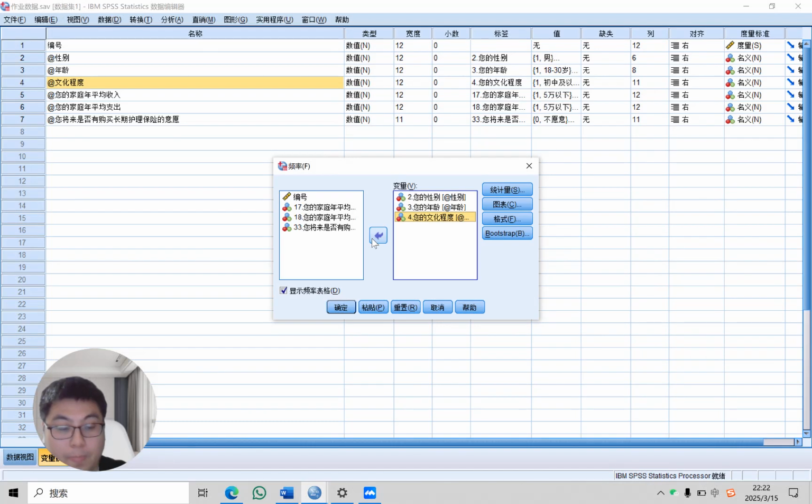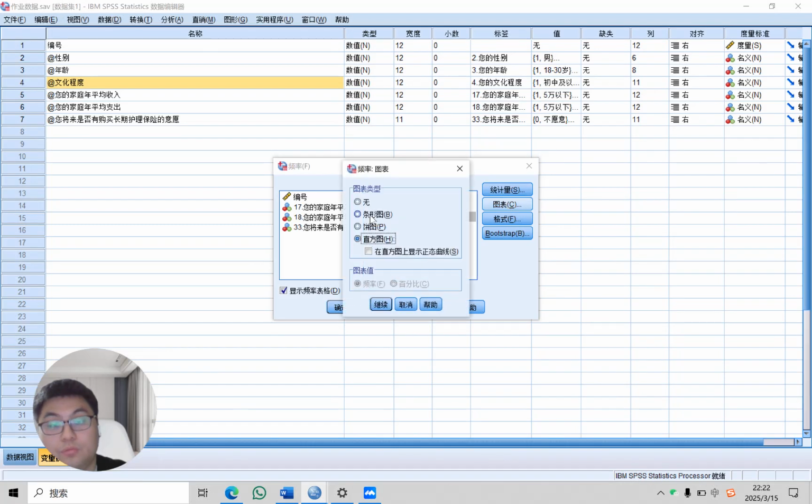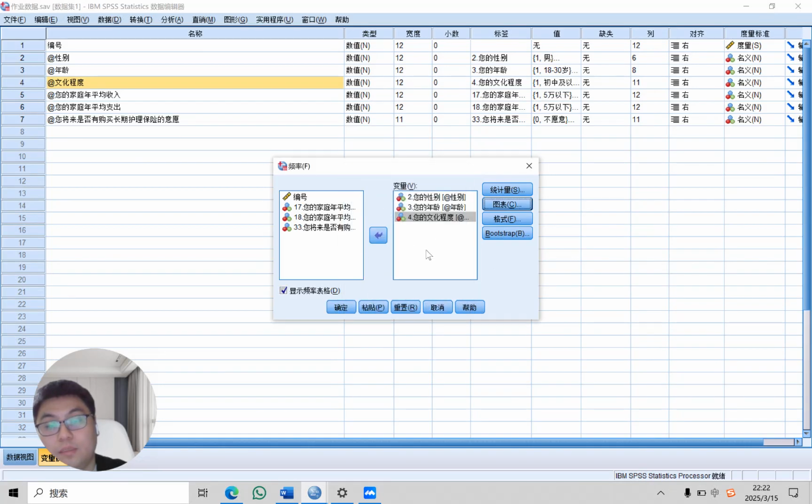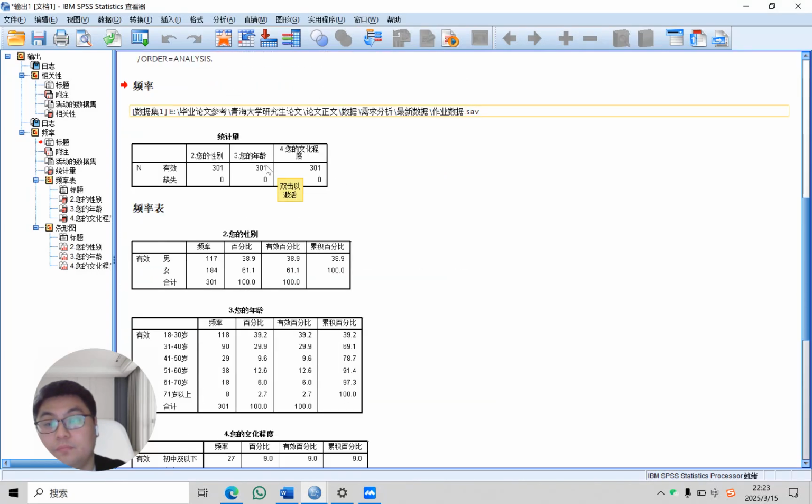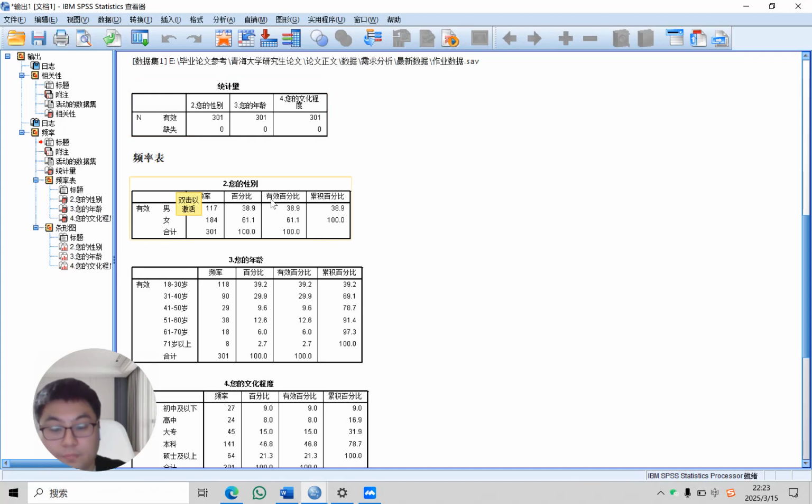We need to check display frequency table, which is selected by default. In charts, we need to select the type of chart we need, such as a bar chart. This is all, and this is the result.